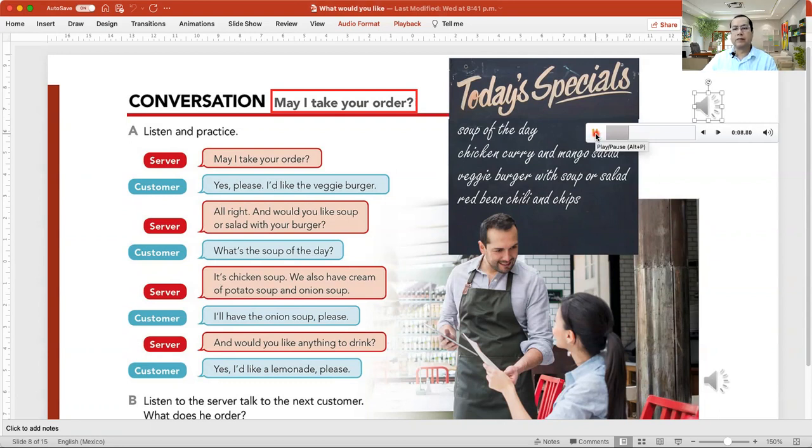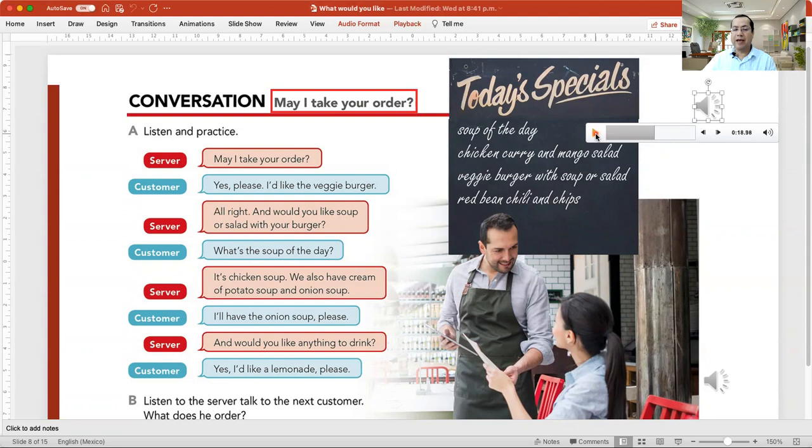May I take your order? Yes, please. I'd like the veggie burger. All right. And would you like soup or salad with your burger? What's the soup of the day?